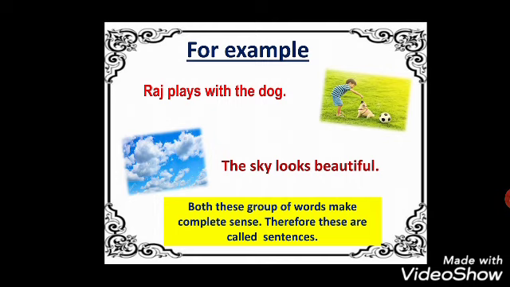The sky looks beautiful. So both these groups of words make a complete sentence. Therefore, these are called sentences. So children, once a group of words is put together and it has a meaning, it is called a sentence. Let us now move forward.